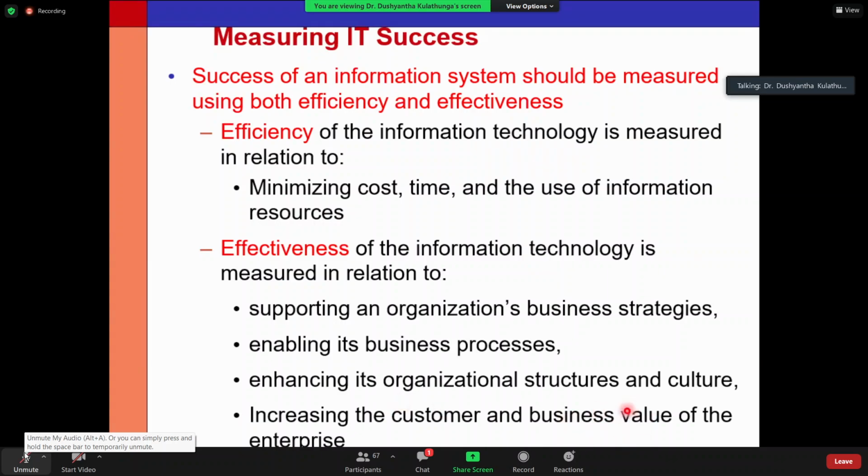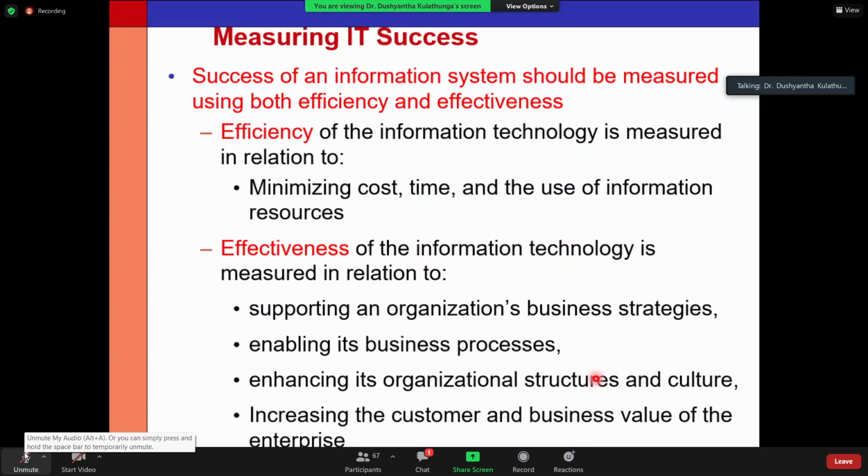And business value is something broader. The business value includes customer value as well, because the customer is part of the business. But in addition to that, it can include different other values: the employee value, the value generated by the employees for the organization, or the value of employees for the organization, or the economic value, the profits or revenue generated by the business.